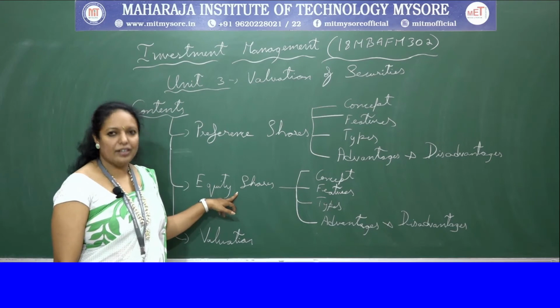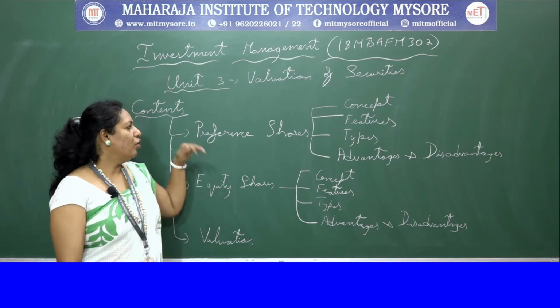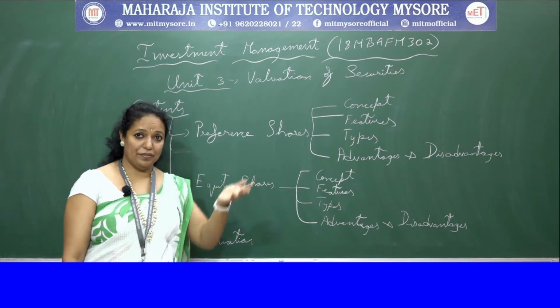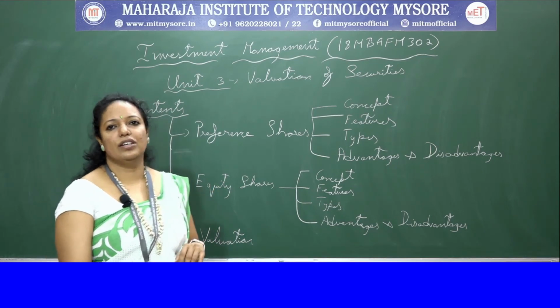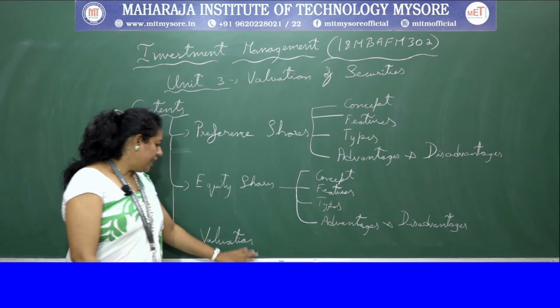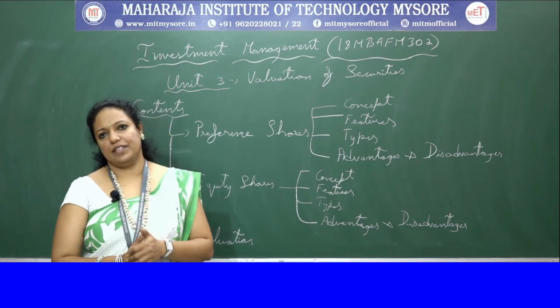Equity shareholders have the right of participation in decision making. Always, in the payment of dividend and capital, preference shares have the preference, whereas equity shareholders do not have any kind of preference.